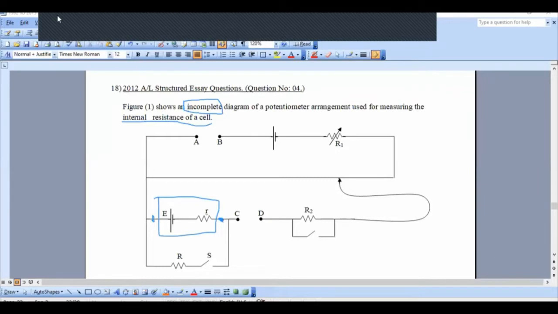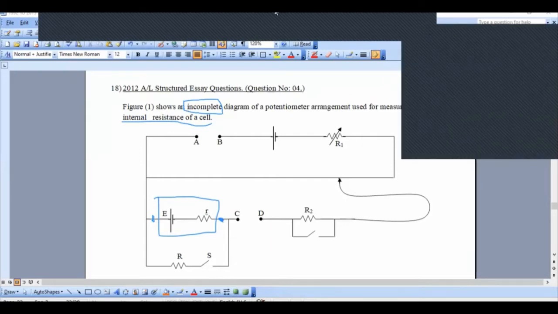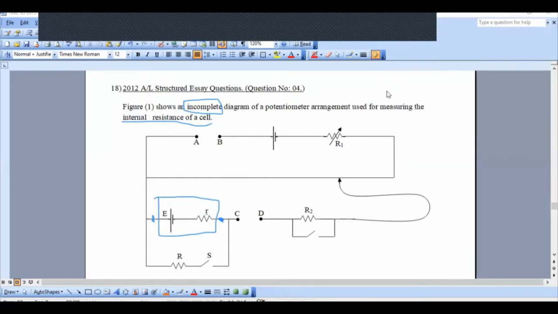A galvanometer? Yeah, we need a galvanometer, but if we write only the term galvanometer, they will not give you marks. What should be the correct answer here? Galvanometer or something with galvanometer? Center zero galvanometer. We should use the center zero galvanometer.